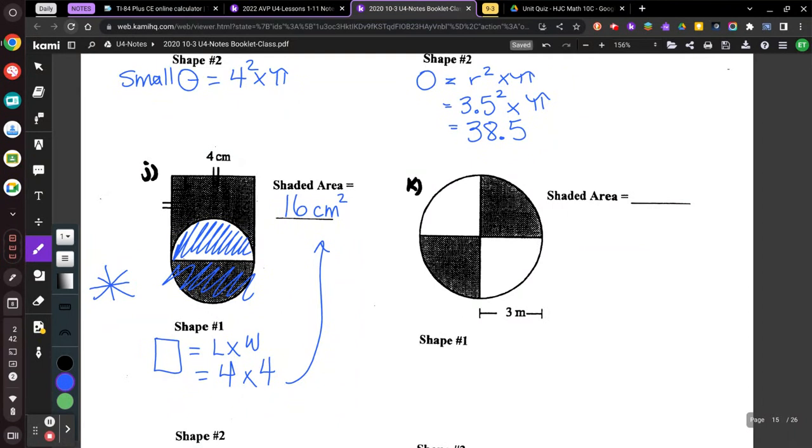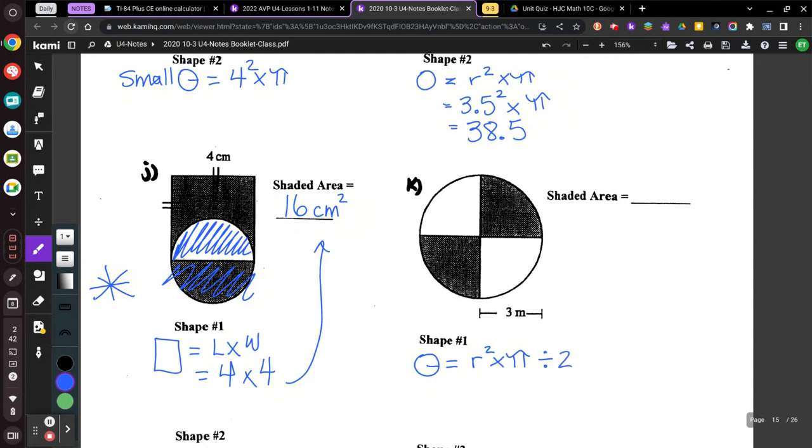Now, how much do we have shaded on the circle to the right? About a half of it. Exactly. If you have 2 out of 4 squares shaded, that means half is shaded. So since half is shaded, we only need to find a circle and divide it by 2. So shape 1 is going to be a circle divide 2. So we're going to have radius squared times pi divide 2.